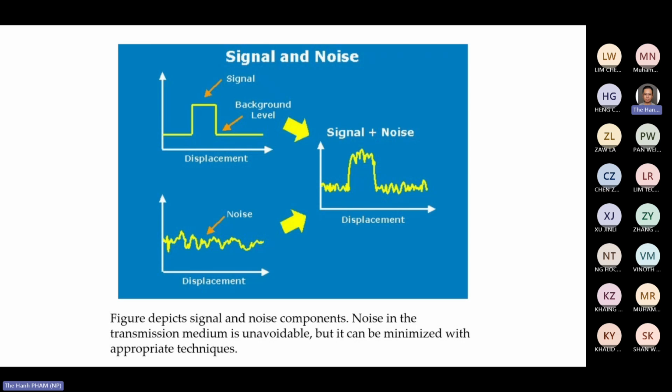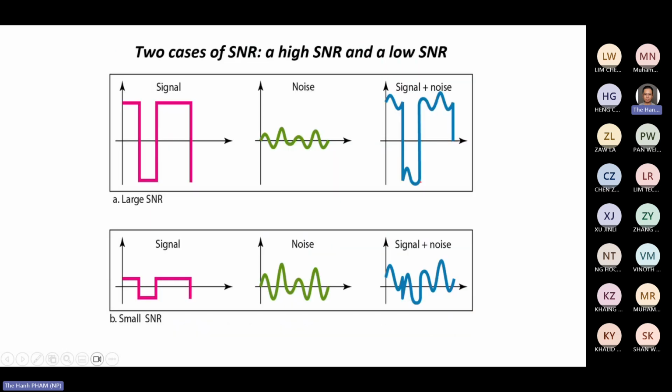The signal you are dealing with consists of what you want and also the noise coming from all sorts of interference. When you add the signal you want and the noise you have, you get signal and noise. To quantify the strength between the signal and the noise, we talk about SNR, the signal to noise ratio.